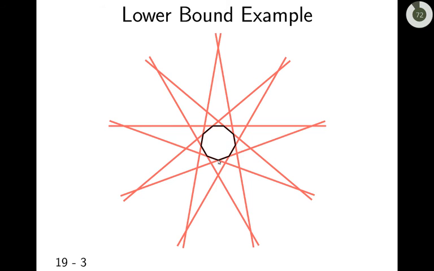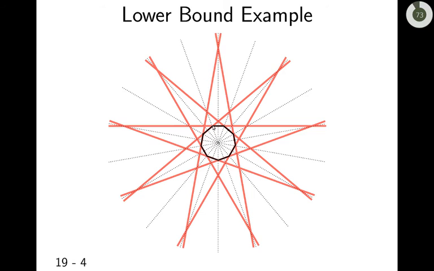Okay, we start with a regular n-gon for n divisible by 3, and then we use all the extension lines of all the sides of the n-gon.